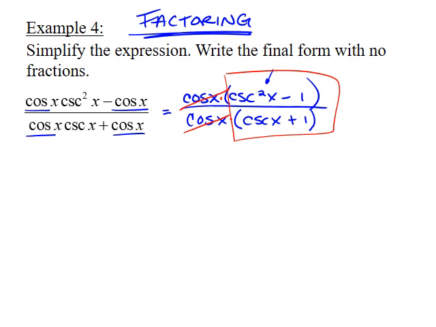Now, part of you might be saying, oh, the numerator is a trig identity. And you're right, it is. In fact, the numerator is equal to tangent squared of x. And then we would have cosecant of x plus 1 in the bottom. And again, that comes from the Pythagorean identities.